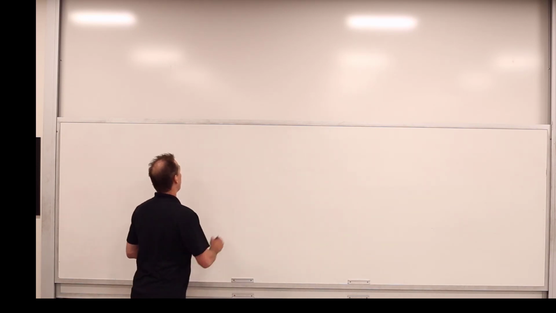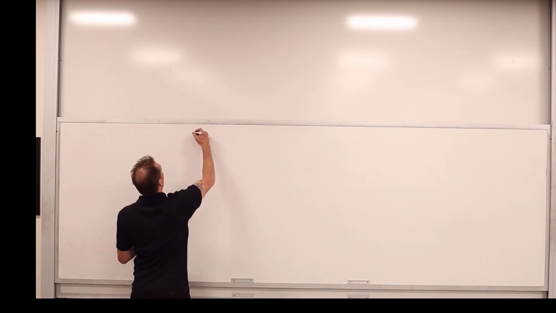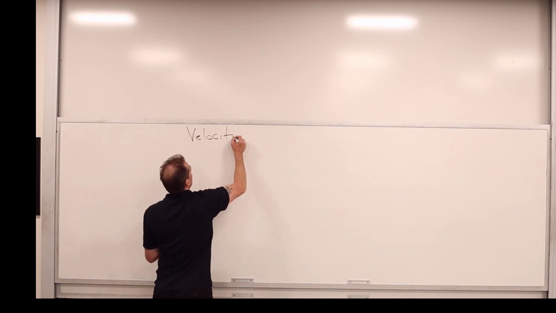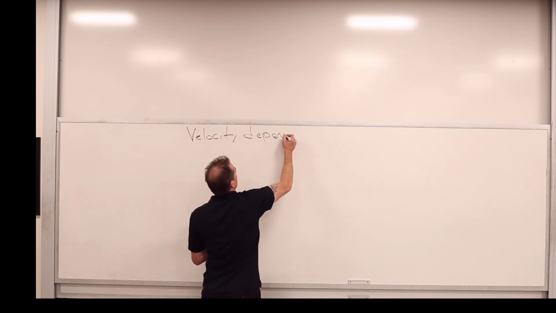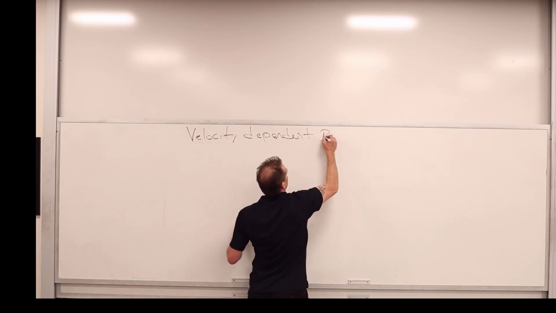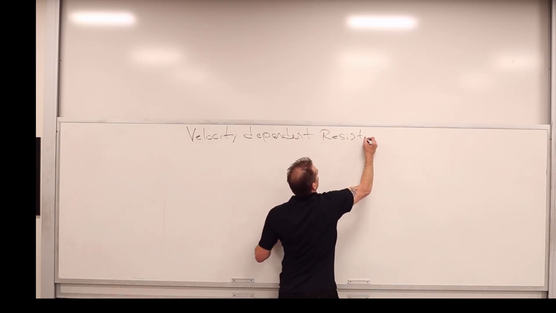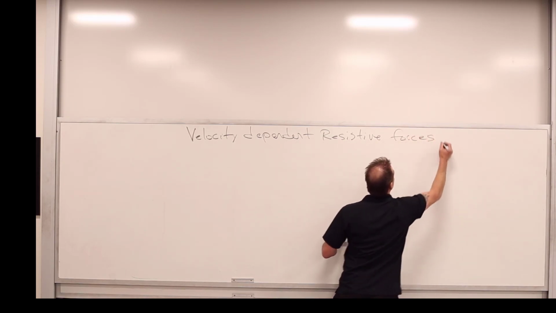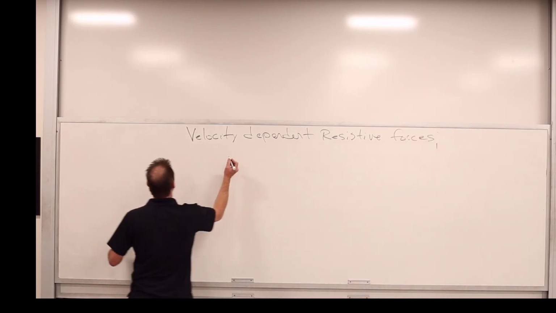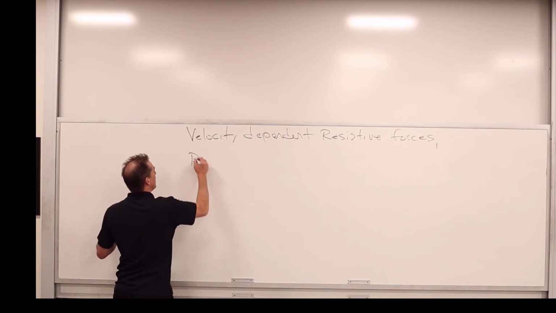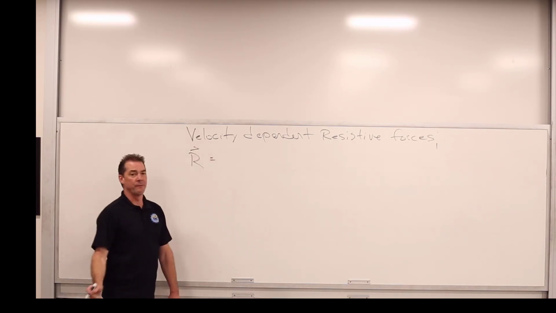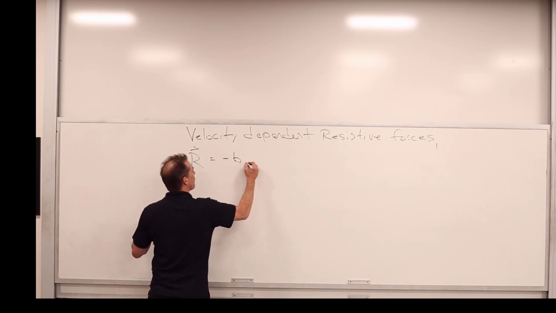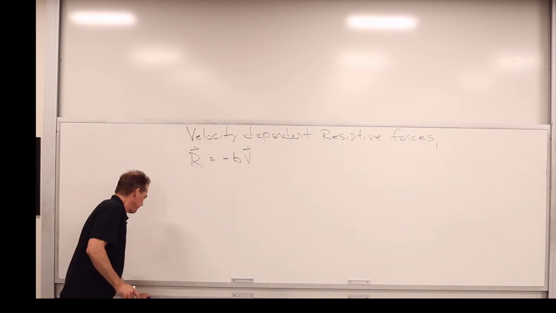So we're going to look at velocity-dependent resistive forces. And we're going to take that resistive force, call it R hat, and say that it is equal to negative b v hat.